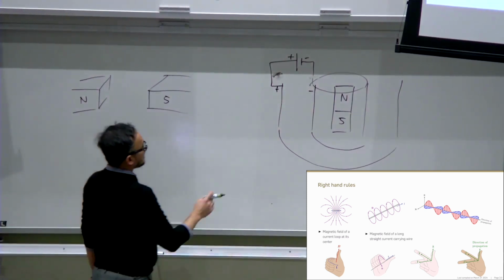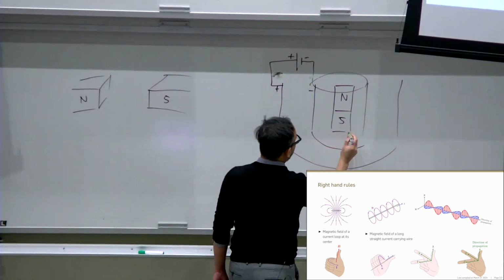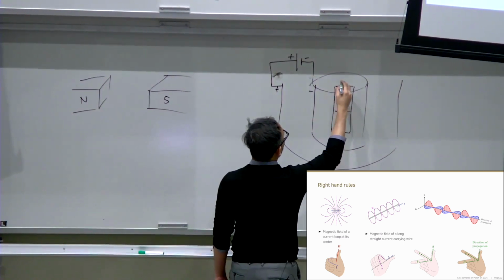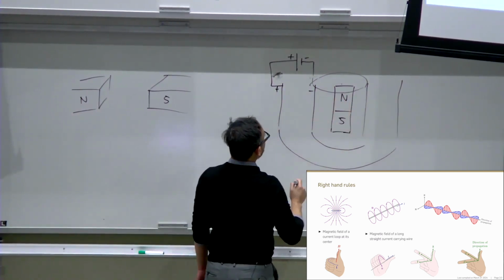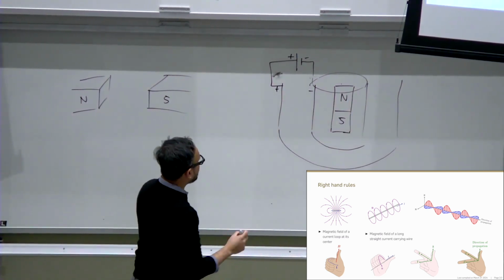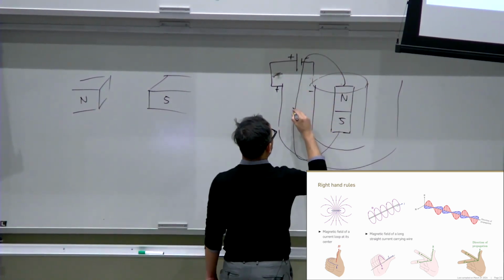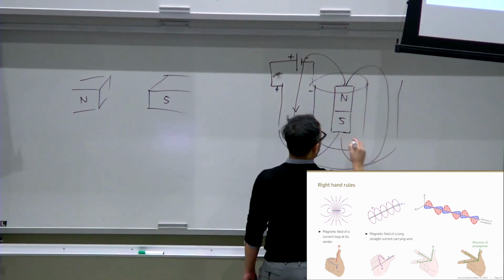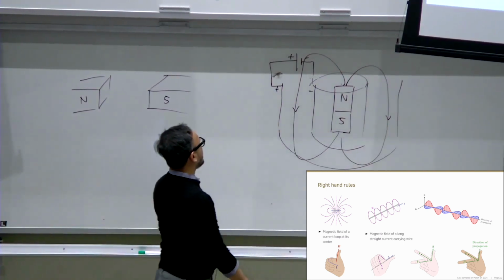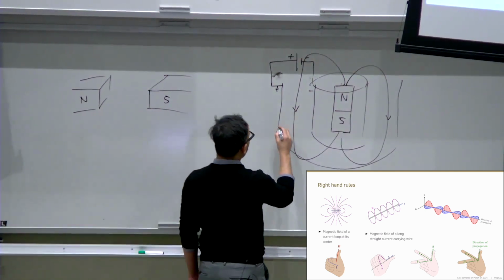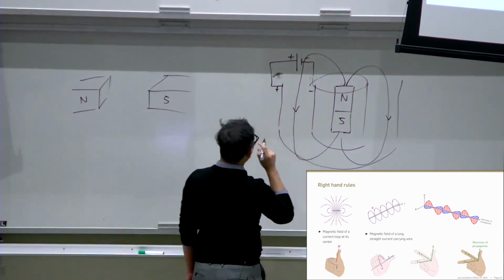The reason why I put this question is I want to see if you know how to assign the direction of magnetic fields. So the magnetic field is downward. Second, I wanted to see if you can come up with the direction of the velocity.